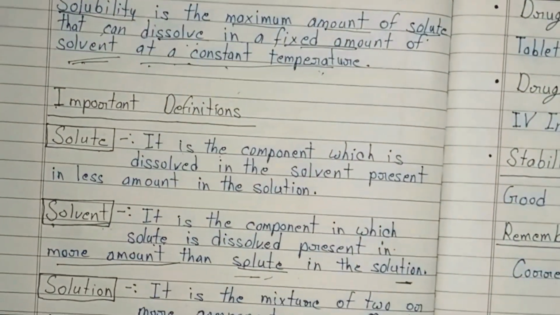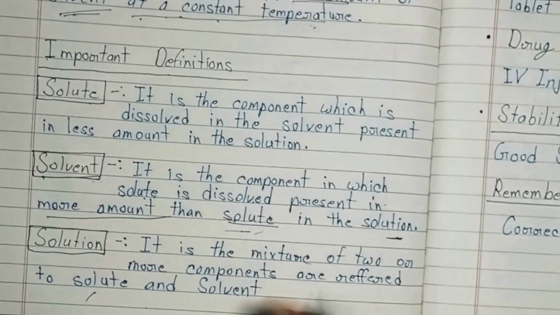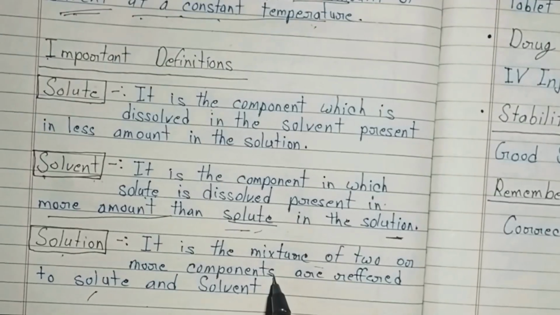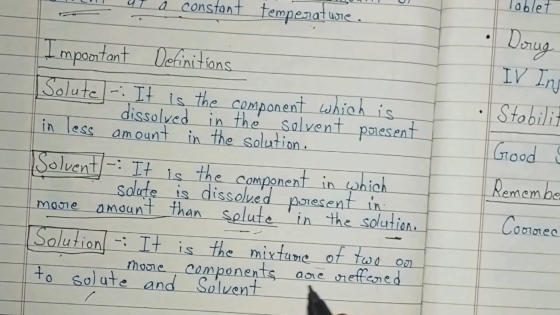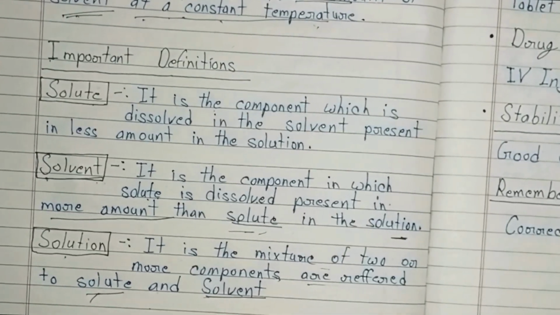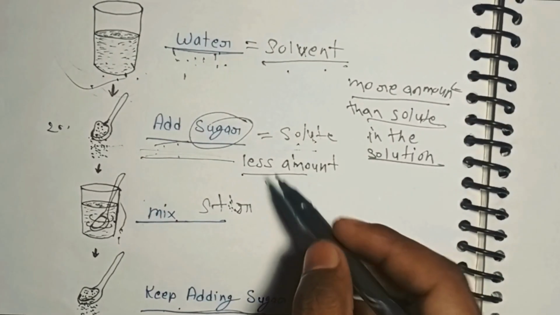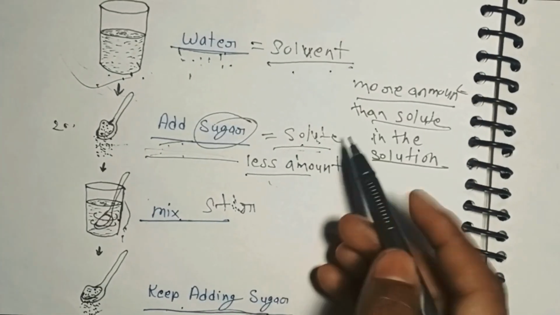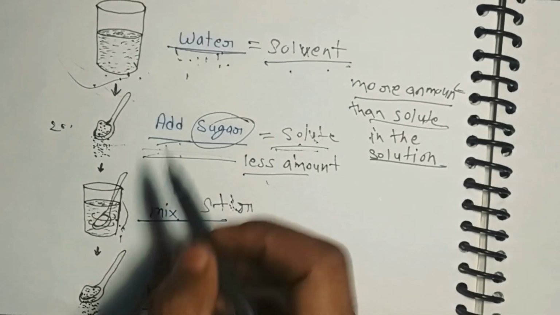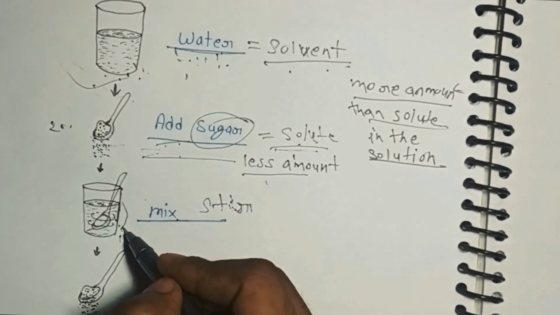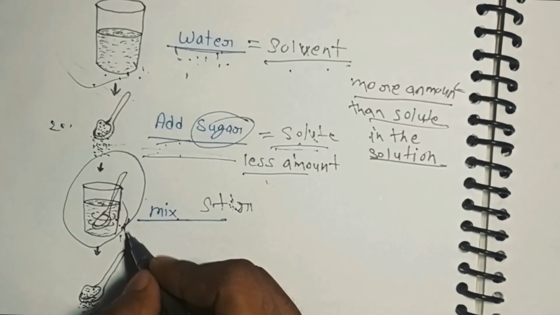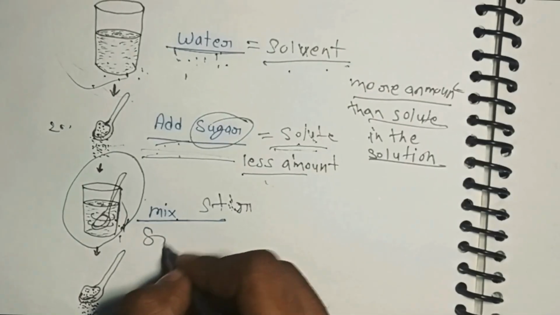Okay, so after this we have solution. What is a solution? According to the definition, a solution is a mixture of two or more components, and the components are referred to as solute and solvent. Solute and solvent are the components. We can also say that when solute gets totally dissolved in solvent and forms a homogeneous mixture, this homogeneous mixture is called a solution.